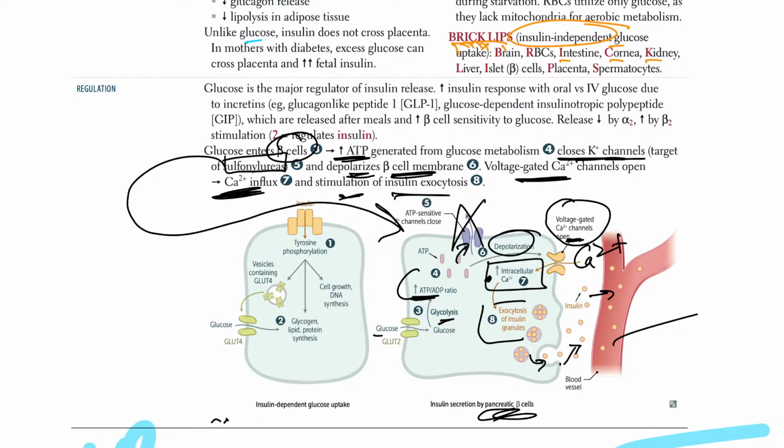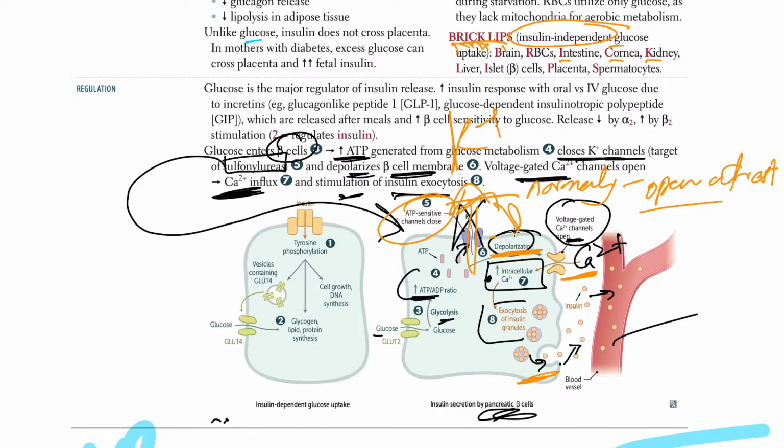Now let's go back and talk about one thing here which we need to address, which is the ATP-sensitive potassium channels. Normally, at a normal level, these are open at rest. So when they are open at rest, you are not causing depolarization. So no calcium is coming in, no insulin is being released, because they're open. They're open, meaning more and more potassium is going out.